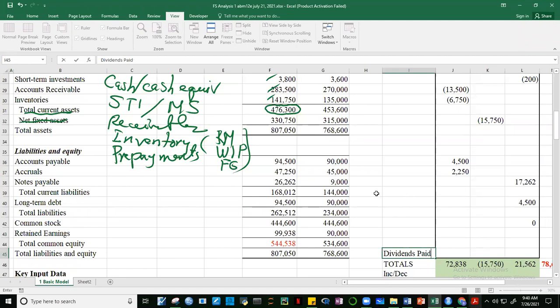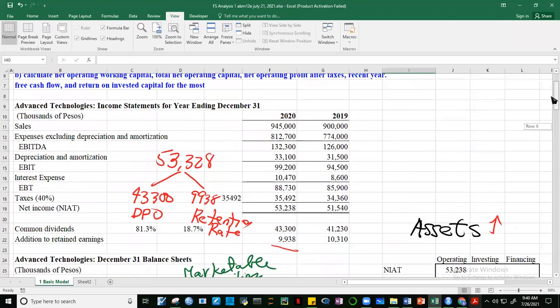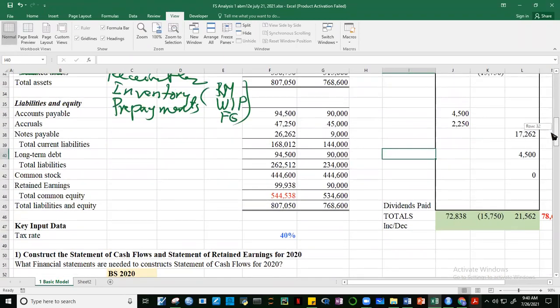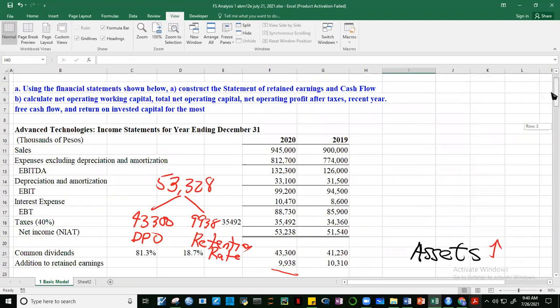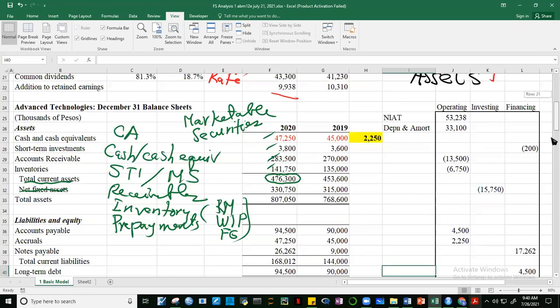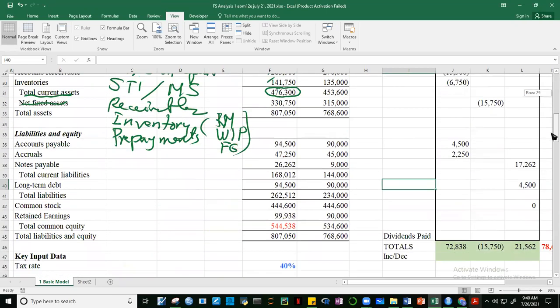Okay, saan papasok yan? Operating, investing, financing. Dividends paid, guys. Paki-chat na lang, please, or paki-unmute. Okay, mas maganda guys kung i-unmute nyo lang yung sarili nyo para mas mabilis. O mag-raise kayo ng hand for me to acknowledge you. Okay, saan papasok?